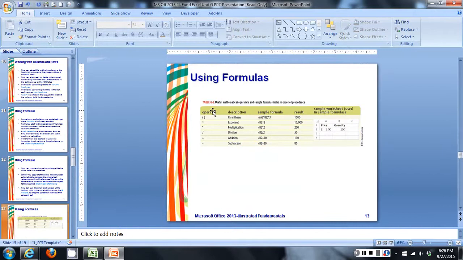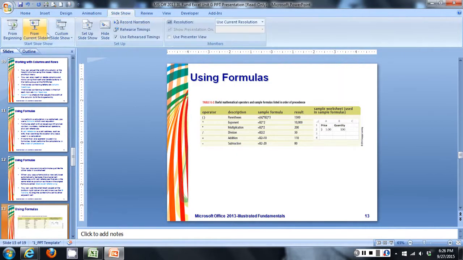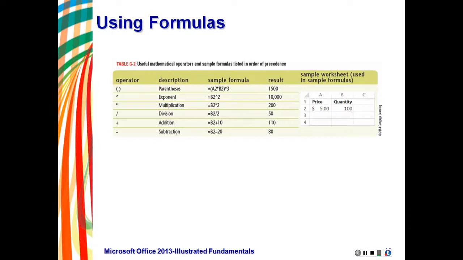And in case you can't see, let's make this a little bigger. Parentheses, exponent, multiplication, division, addition, subtraction. These are the order of operations that Excel uses to calculate any results or any answer based on a formula.